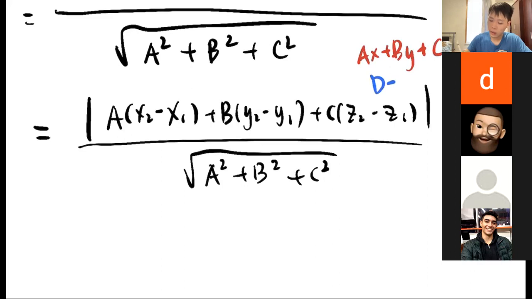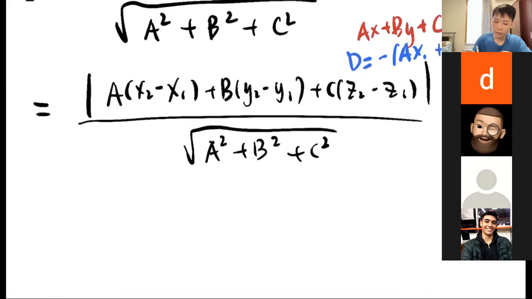D is equal to minus ax0 minus by0 minus cz0, right? So if x0, y0, z0 is on the plane, D looks like this. Or in this case, x1, y1, and z1.